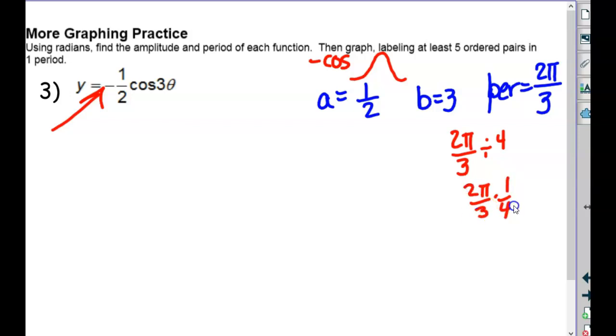What is 2 pi over 12? Pi over 6. So that's what we're going to count by for our quarter points. It's always 4 because they're quarter points, 1/4 of something. To find the quarter points, you take the period divided by 4. Do you need to write that somewhere? Period divided by 4 is the quarter points, okay?